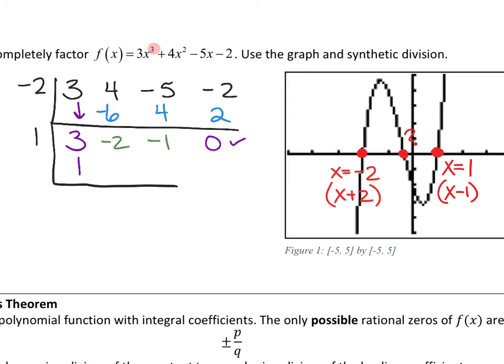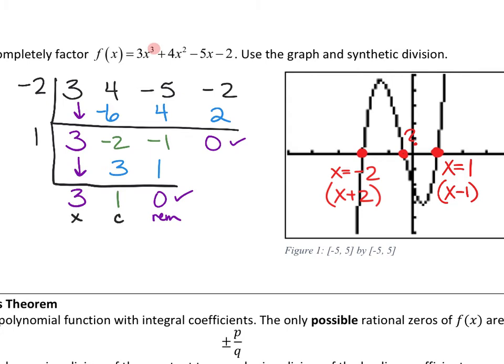I repeat. Bring down, multiply, add, multiply, add. Good, I got 0 again. We knew that was going to happen since we know visually that is an x-intercept, so it's a 0. The stuff that I have left is the final factor. This is the remainder. This is the constant.